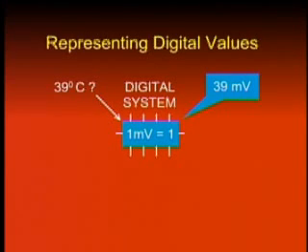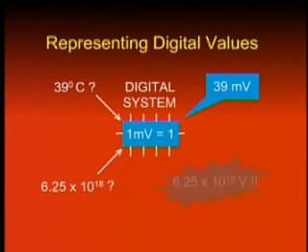Calculators can also handle a large value such as 6.25 times 10 raised to power 18, the number of electrons in 1 coulomb of charge. This large value, represented in terms of voltage by the calculator, turns out to be 6.25 times 10 raised to power 15 volts, which is a very large voltage value and cannot be practically represented by any circuit.